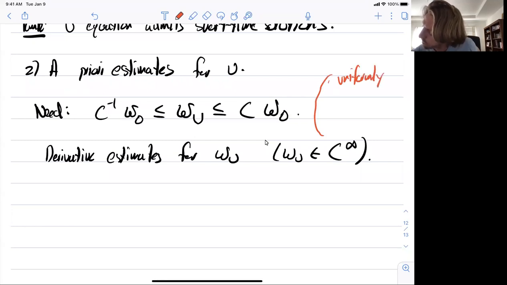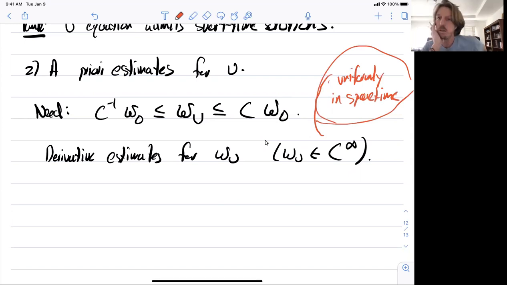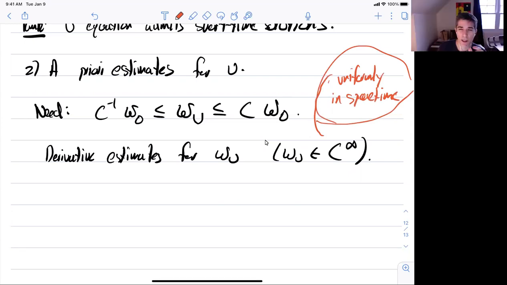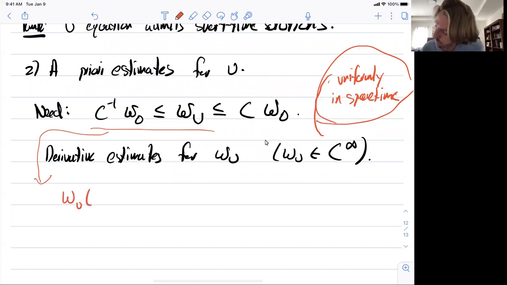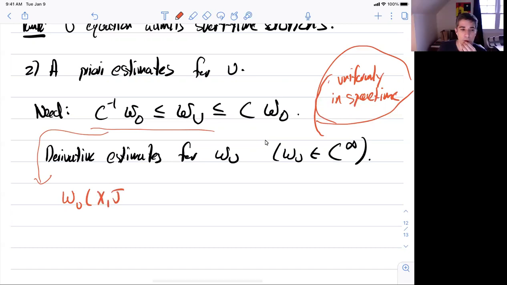Yeah, this is uniformly in space-time. And you're thinking of it as being like the norm of an element. You choose any non-zero vector, then the norm must be bounded in this way. The meaning of this inequality at some point is like omega U or G X JX.